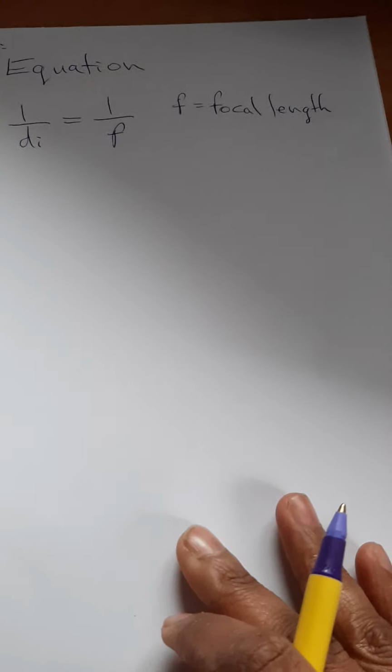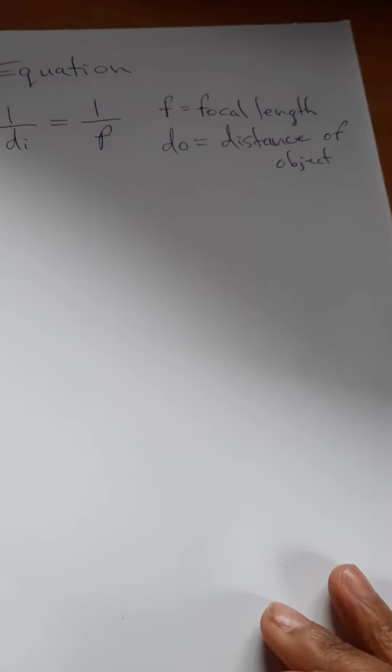So f is basically known as the focal length. The focal length is going to be the distance from the mirror to that specific point. Now, if you look at dO in the equation, this is going to be the distance of the object from the mirror.